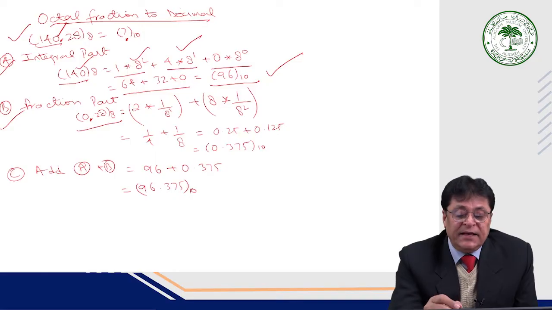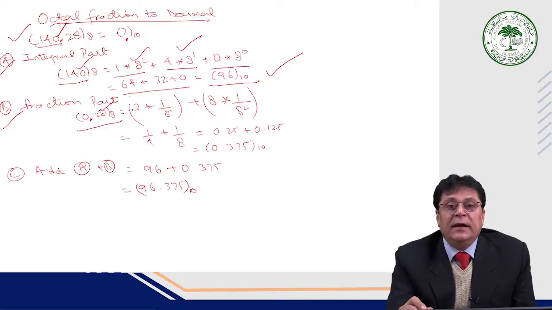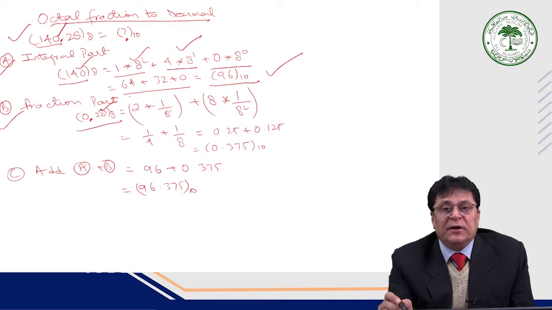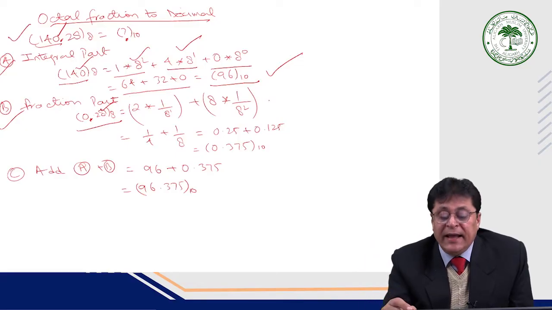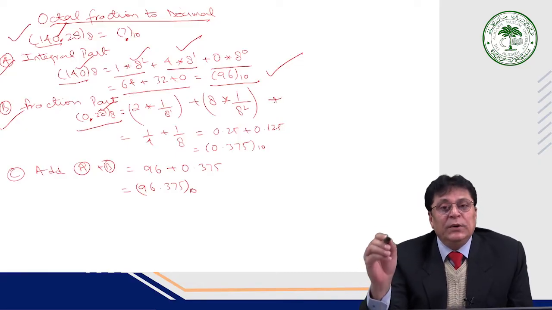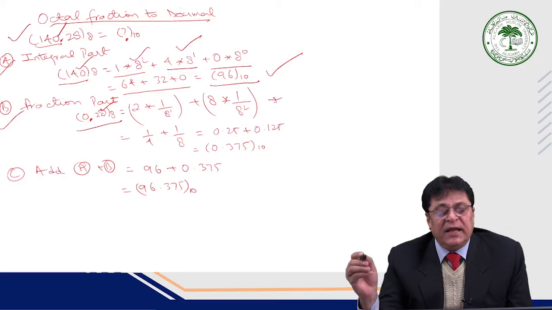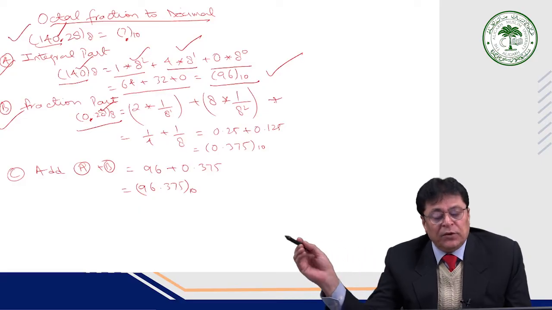Then the next digit multiplied by 1 upon 8 to the power 2. Next, if we have more digits, we'll keep on adding each number into 1 divided by 8 to the power 3, then 8 to the power 4, and so on.